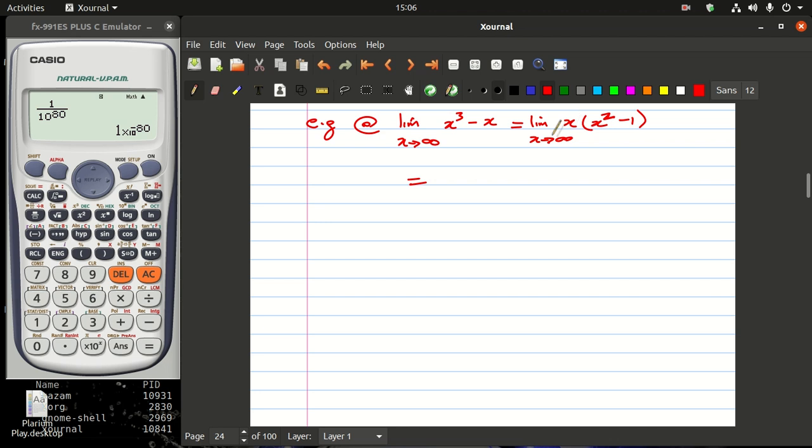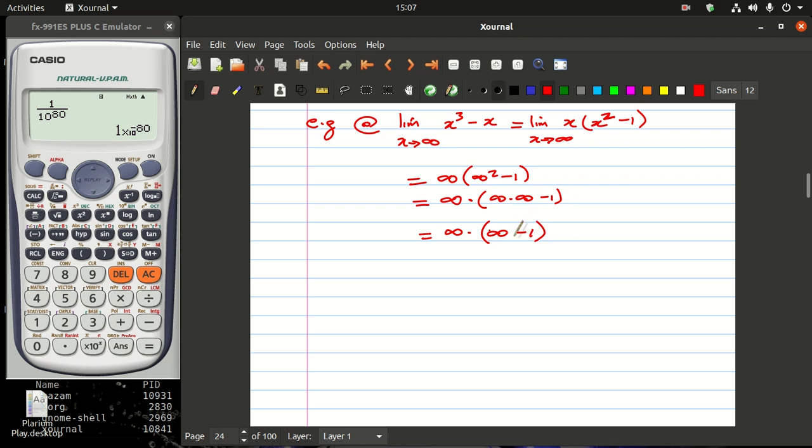Now that I have this, I would end up having infinity, and then infinity squared minus 1. This is infinity times infinity minus 1. We know infinity times infinity is infinity, and then infinity minus 1.